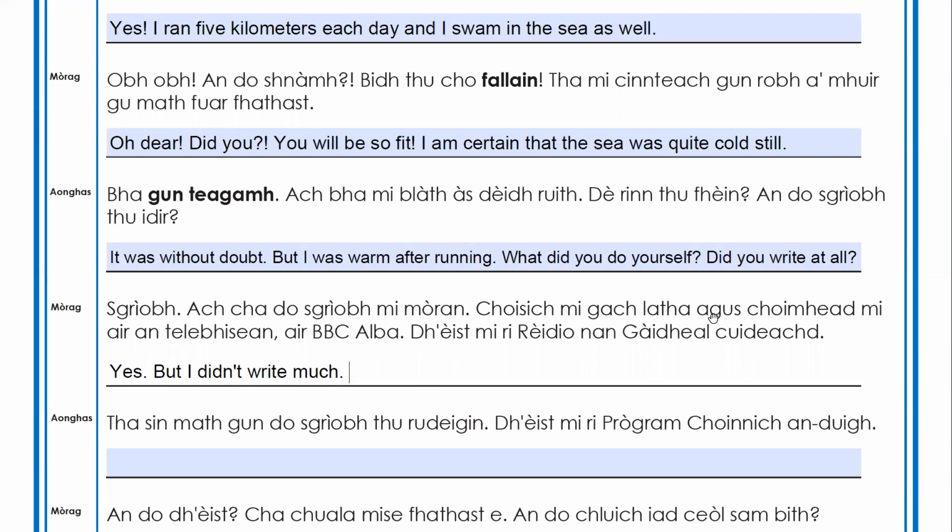Choisich mi gach lá, I walked each day or every day, and chéad, so a cad or a coed, that's the root as well as the verbal noun, so that one doesn't change very much.